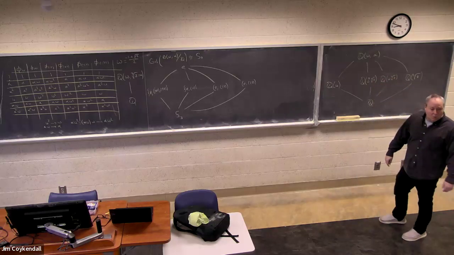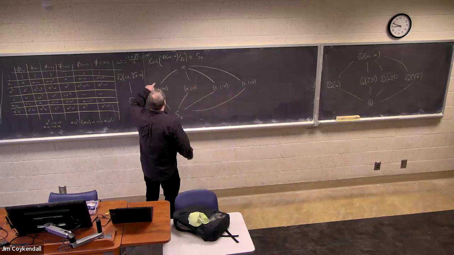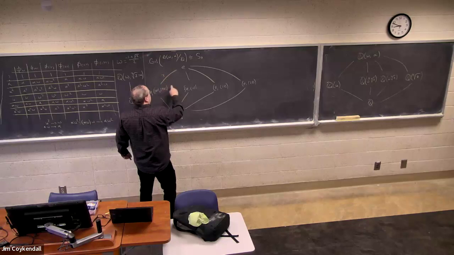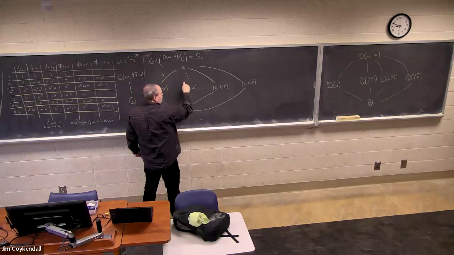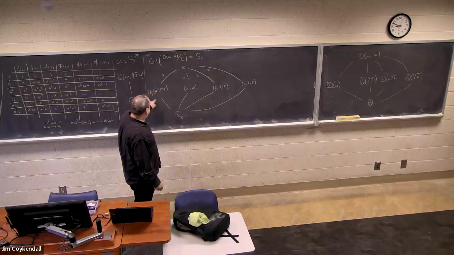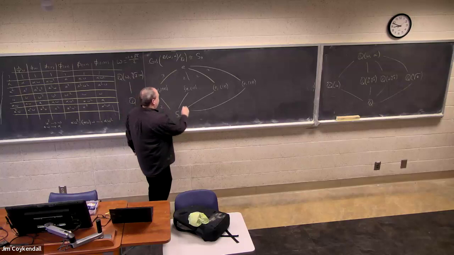Now let me make one more observation. What are the indices here? The index here is the order of the group, right? What's the index here? 2, and these are all 3.